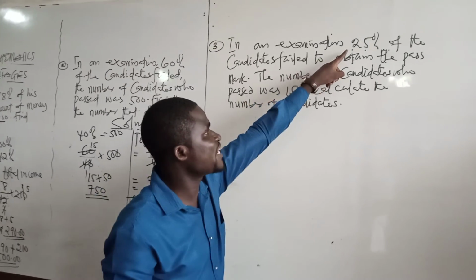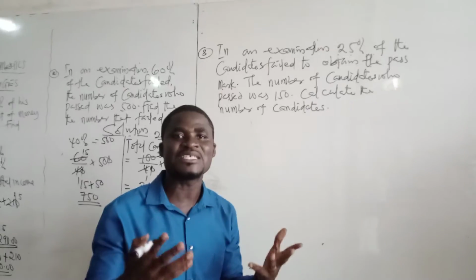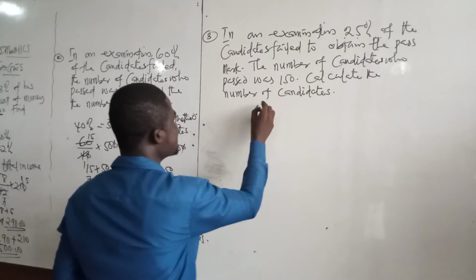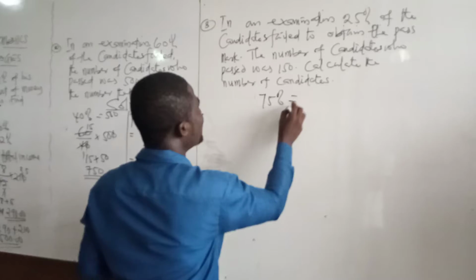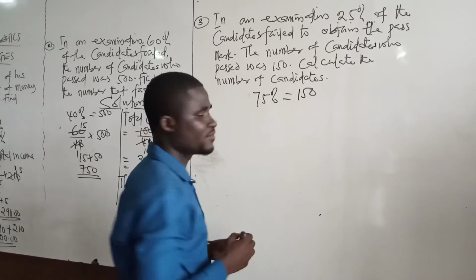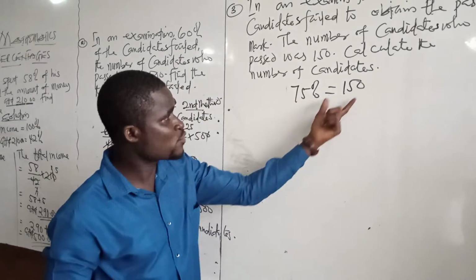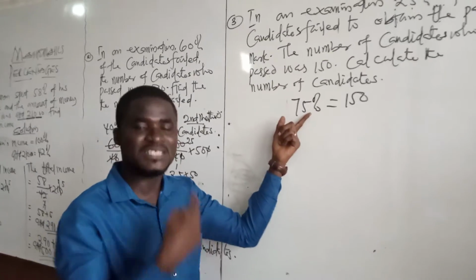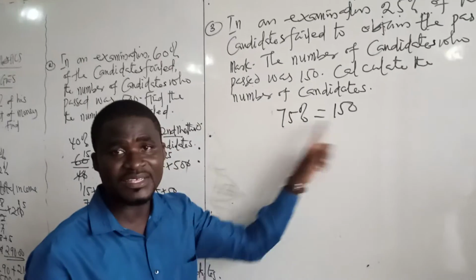So if 25% failed, then 75% passed. So we can say that 75% is equivalent to 150. Because those candidates who passed were 150, percentage of students who passed 75. So they are equivalent.